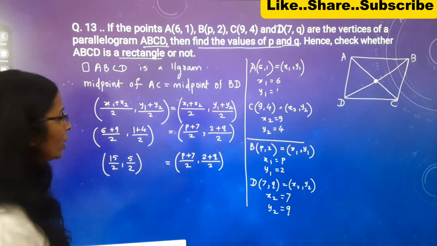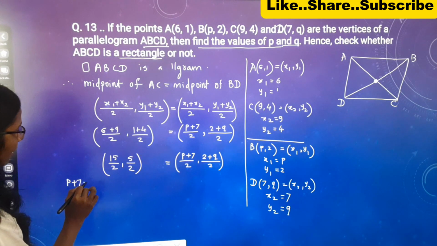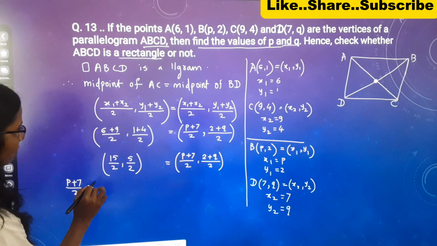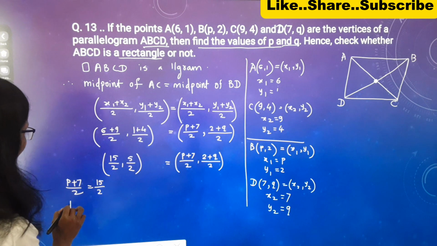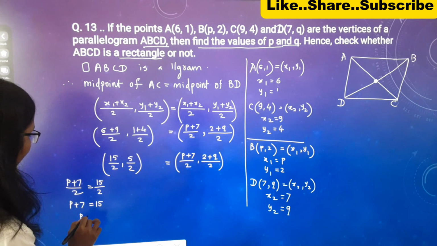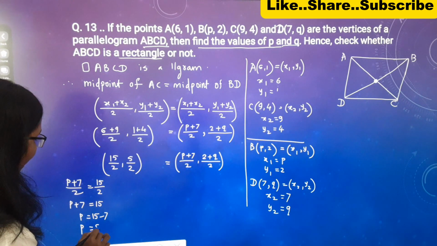So now, students, equating both the sides. p plus 7 upon 2 is equal to 15 upon 2. That means p plus 7 is equal to 15, and p is equal to 15 minus 7, p is equal to 8.